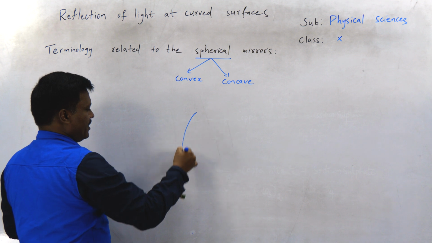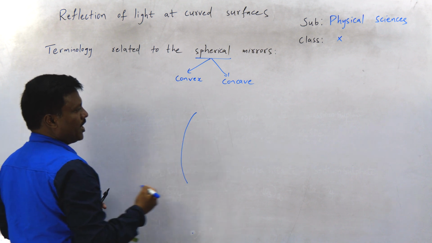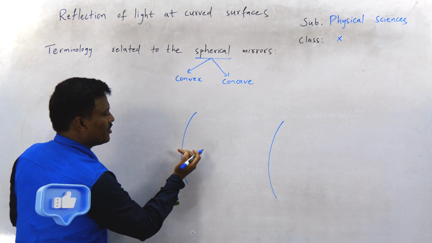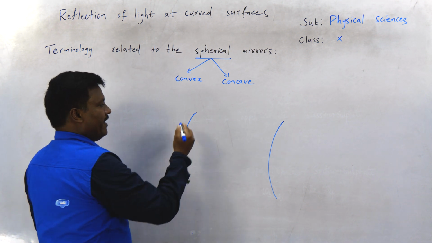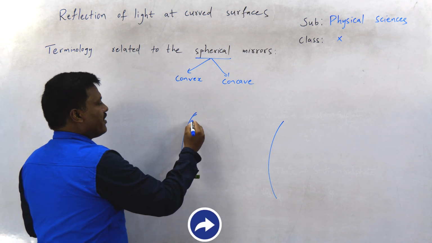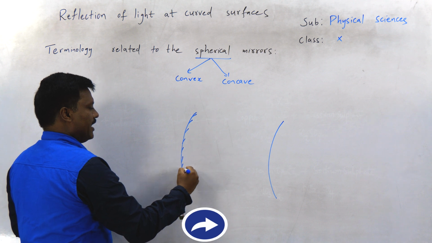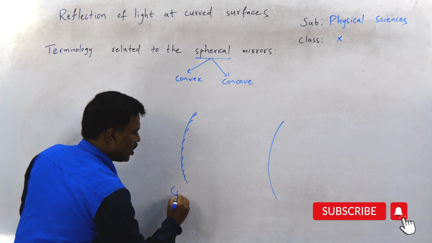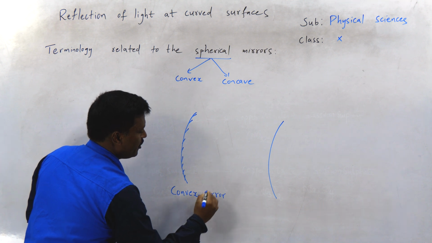You see, this is the curved part. Okay, it has two surfaces, inward surface, outward surface. When the inward surface is silvered, then the outward surface acts like a mirror. This is called a convex mirror.